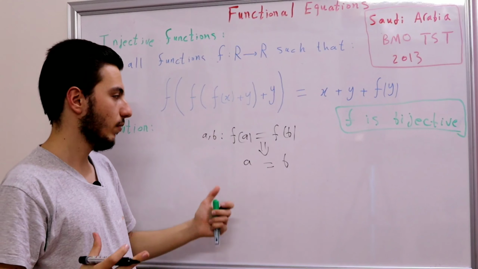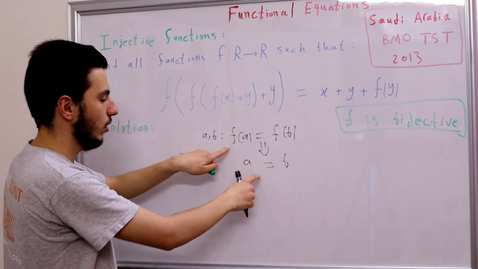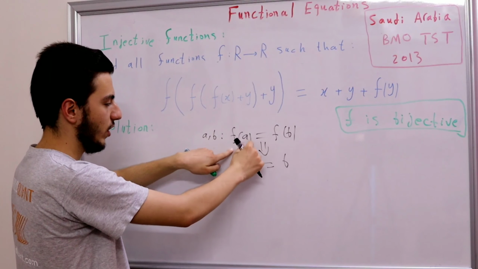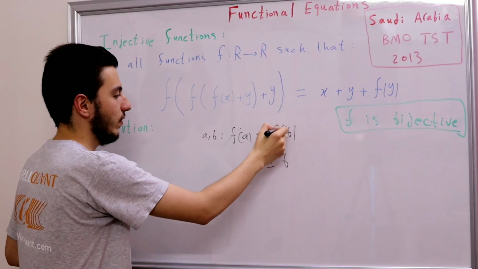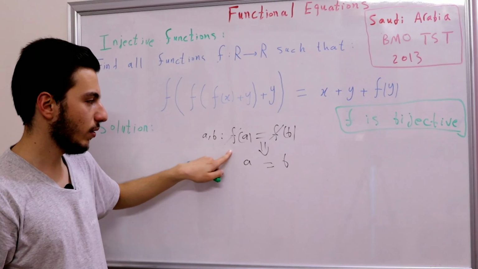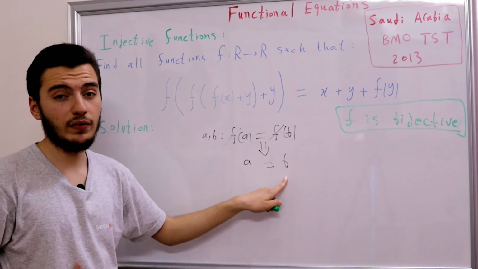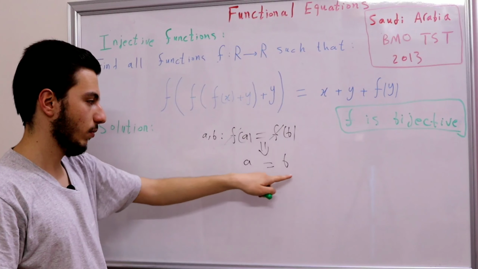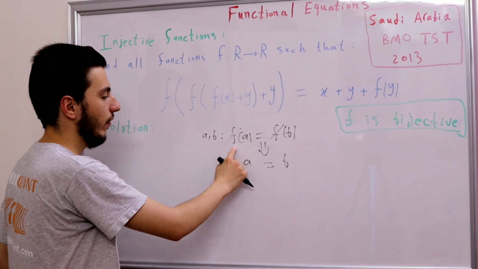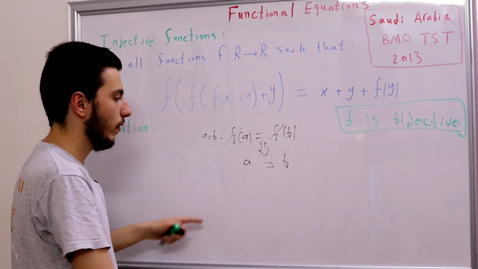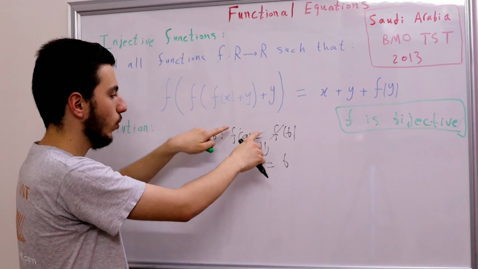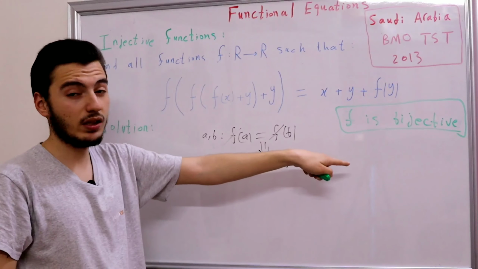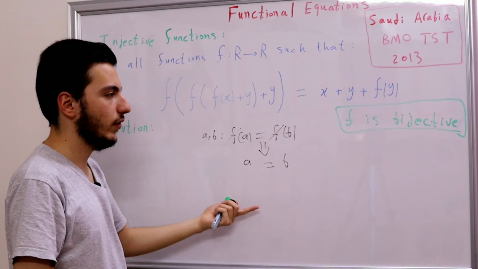Doesn't that mean something simpler? Well, imagine here we have f of something equals f of other thing. Then we simply can cancel these f's, right? So it's just like dividing by some number. We can simply cancel f with the other f. So if we have f of something equals f of something else, then we can simply say something equals something else. So that's the idea of injectivity.